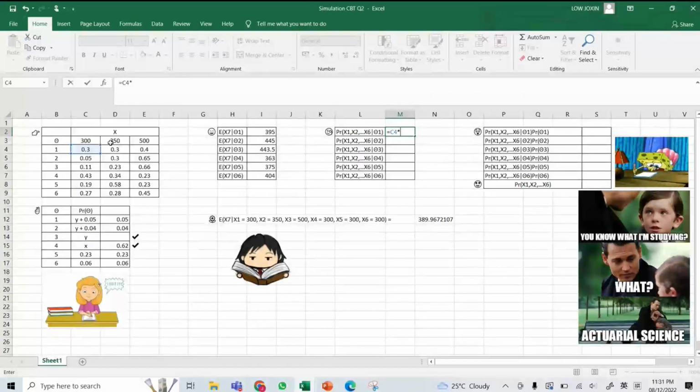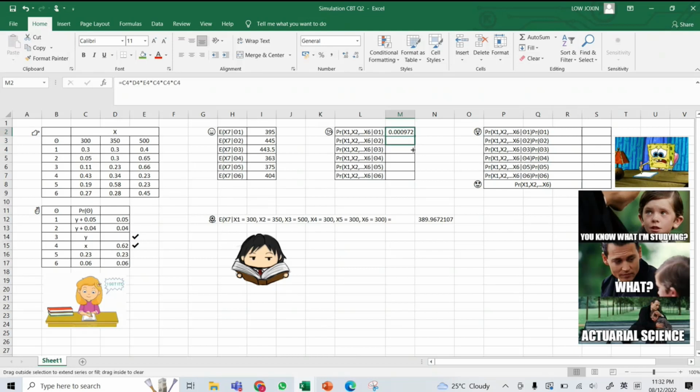And according to the question, x2 is equal to 350, so the probability is 0.3. And x3 is 500, x4 is 300, x5 is 300, x6 is 300. So this is the probability of x1 to x6 given each theta.